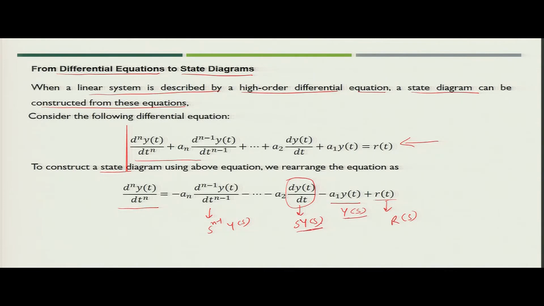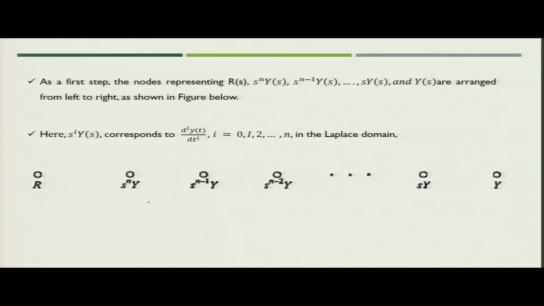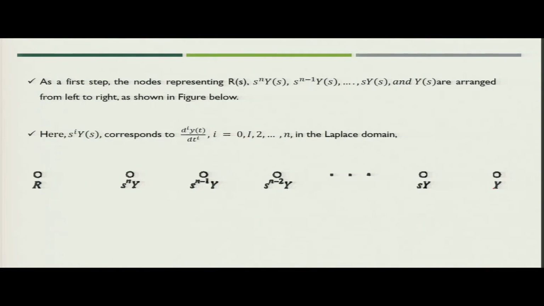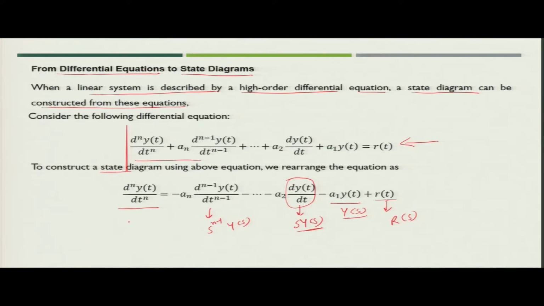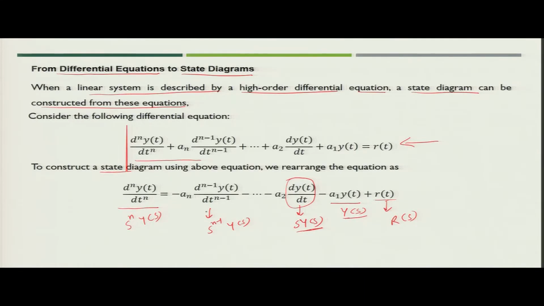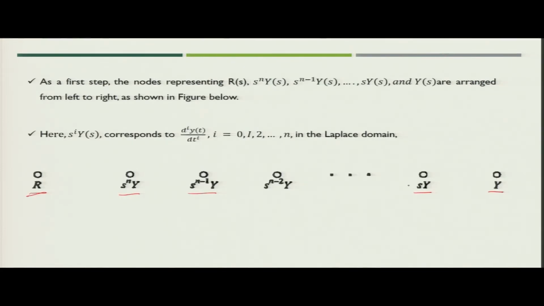So, when you represent them as nodes, how will you show them in the figure? We have put one node as Y, then next is s into Y(s), so we have put sY and so on. We have got up to s^(n-1) Y and then s^n Y for the last component, and then we add R. So, we have put all the elements which we have seen in the equation as nodes.